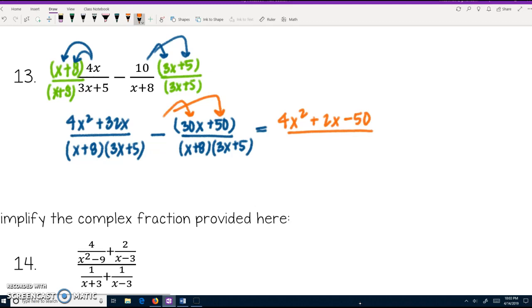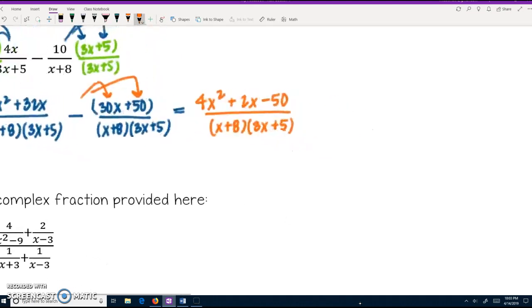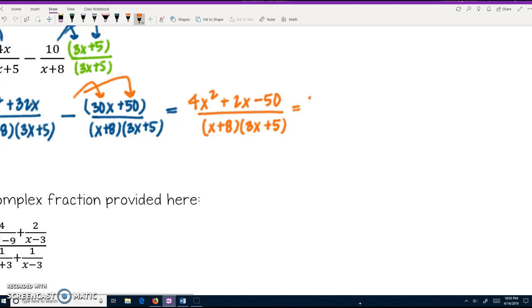And so that is all over x plus 8 times 3x plus 5. Now, just to be careful, I want to make sure that I factor and check what's going on up top. So here I have 2 times 2x squared plus x minus 25. And that is all over x plus 8 times 3x plus 5.